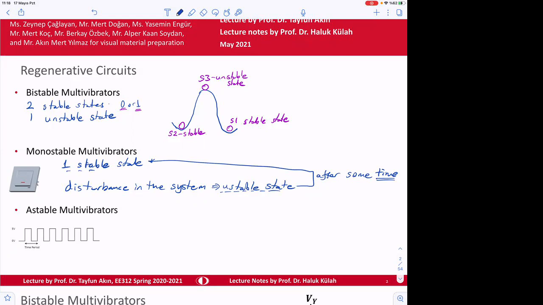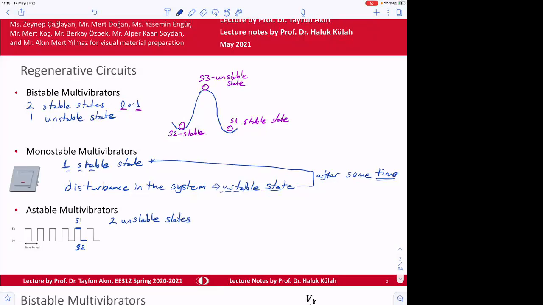But sometimes we want the circuit to switch between 1 and 0. Okay, so maybe this is state 1, and then this goes to state 2. So for this circuit there are 2 unstable states.